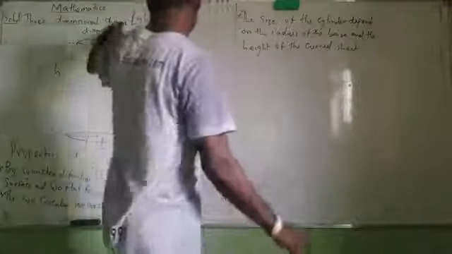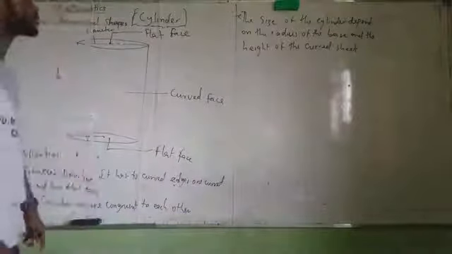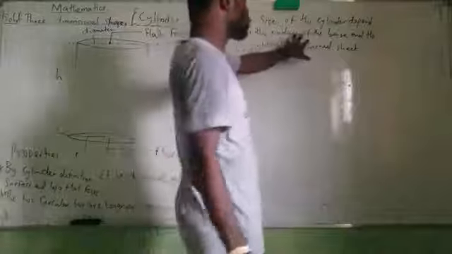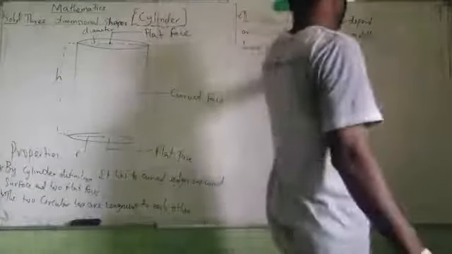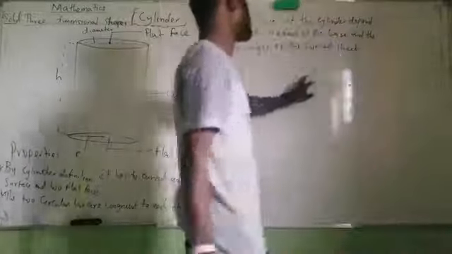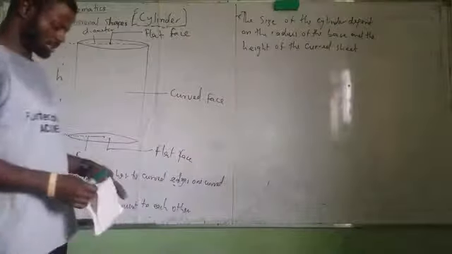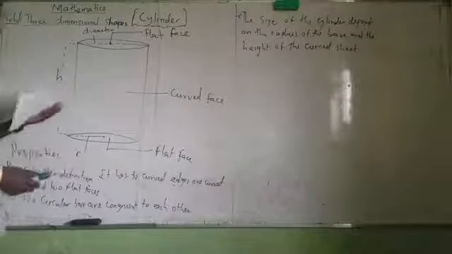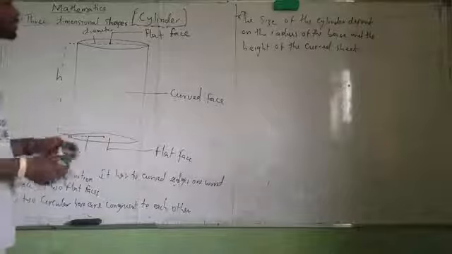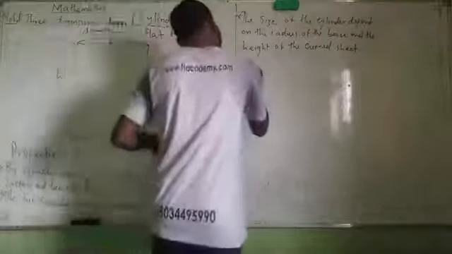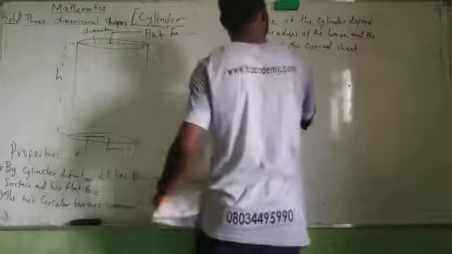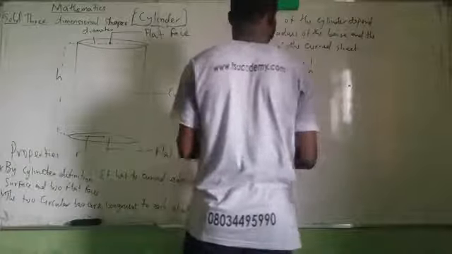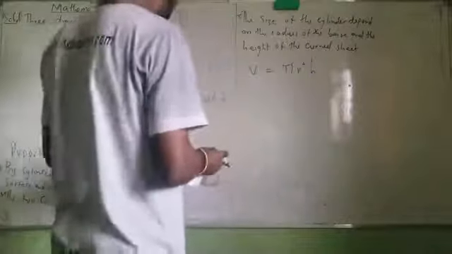The size of the cylinder depends on the radius of the base and the height. Don't forget that the volume of a cylinder equals pi r squared h. That is the volume of a cylinder.